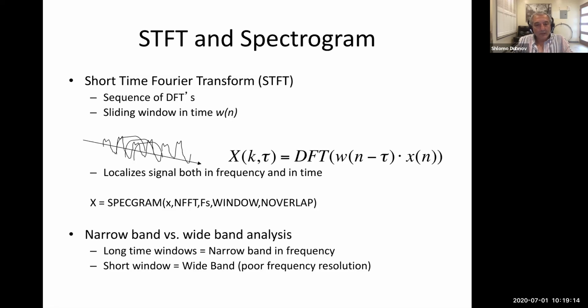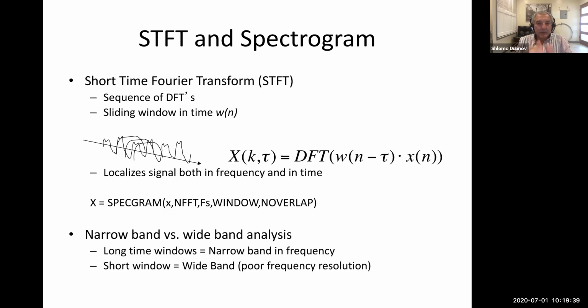One important term to notice is that we can have long windows or short windows, and the term used in engineering is narrow band versus wide band analysis. If we use long time windows, we get a very fine frequency resolution. That's where we have a narrow band in frequency.